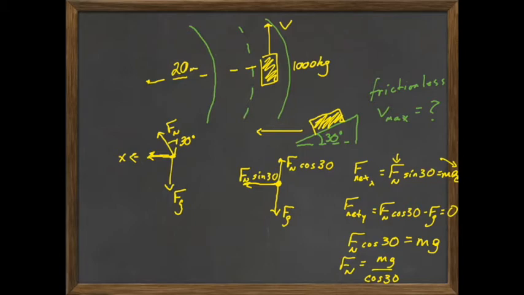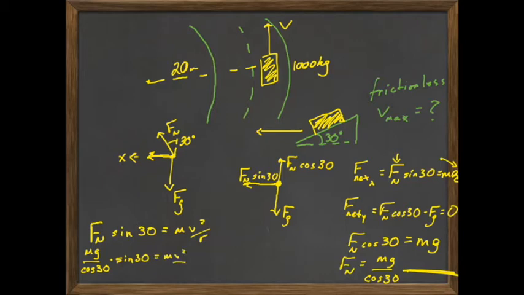All right, so let's write out the net force in the x direction. And that's normal force sine 30 is equal to the mass times the centripetal acceleration, which is v squared over r. Now the expression for the normal force that we just got was mg over cosine of 30, times the sine of 30, is equal to mv squared over r.